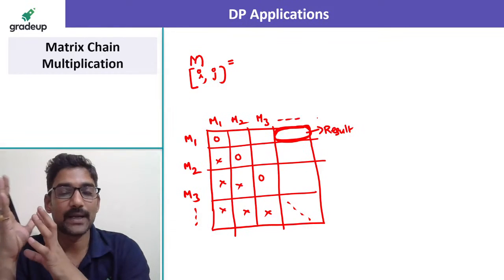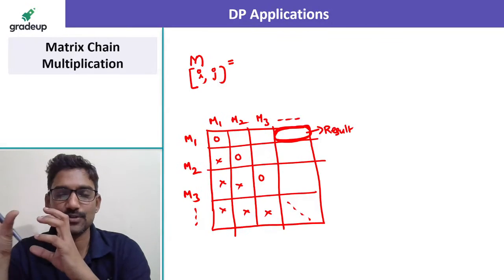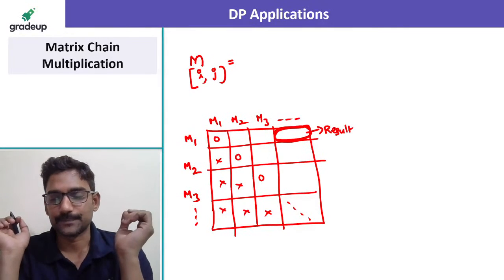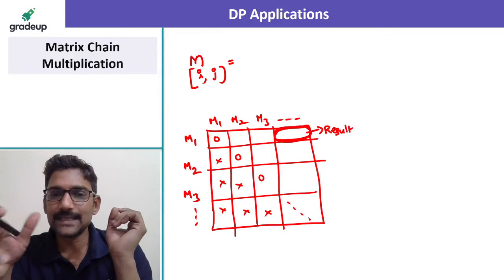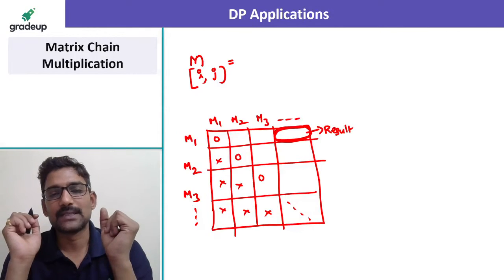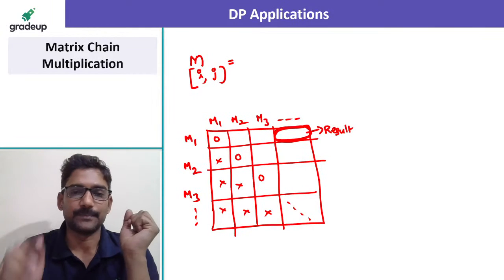The topmost corner. So how to fill these cells? For that, dynamic programming suggests one formula.